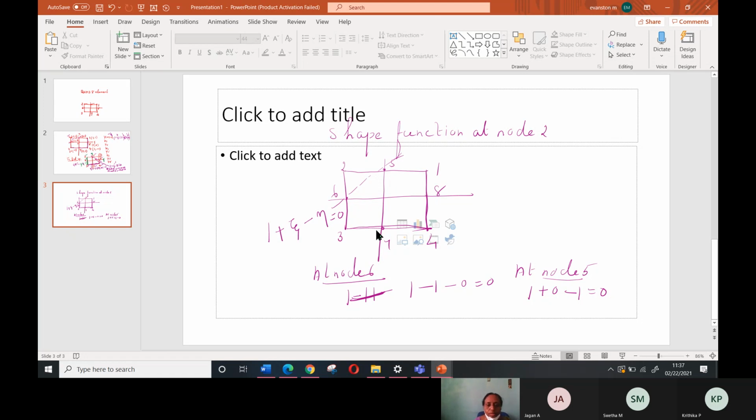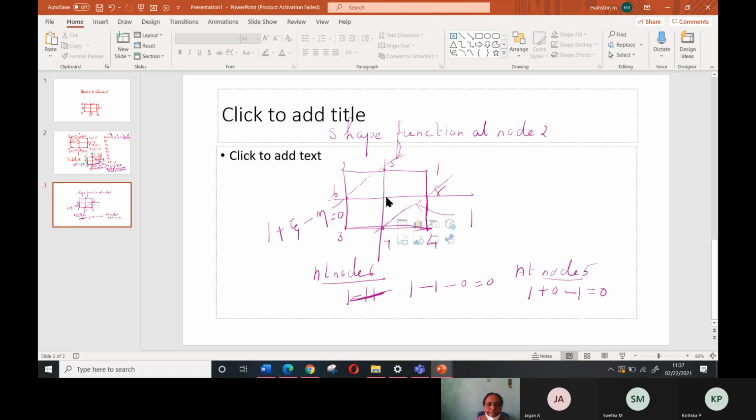Can you tell me the line for 7 and 8, which at one point of time you need also? 7 and 8, can you tell me? Somebody tell me.